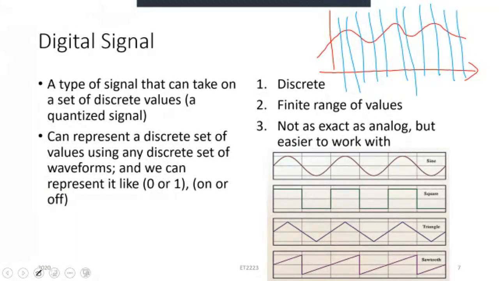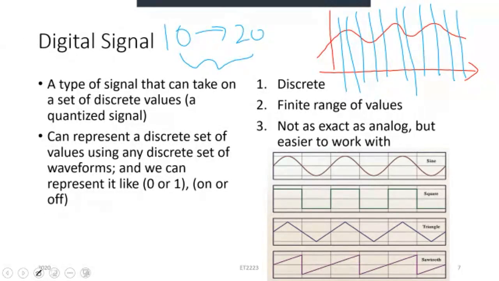Then with each of those observation points, or each of those discrete values, we will still have a finite range of possible values. Again, in analog signals, if the speed is changing between 10 and 20, all the infinite values in between are possible.